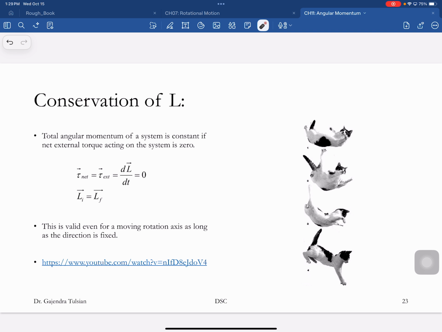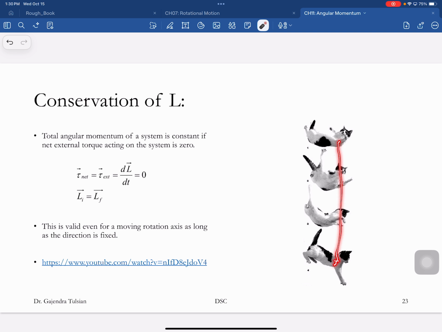So what's going on? What the cat does is, it rotates its lower body or tail in one direction and its upper body rotates in the other direction. So its angular momentum is 0 all the way through. Okay?